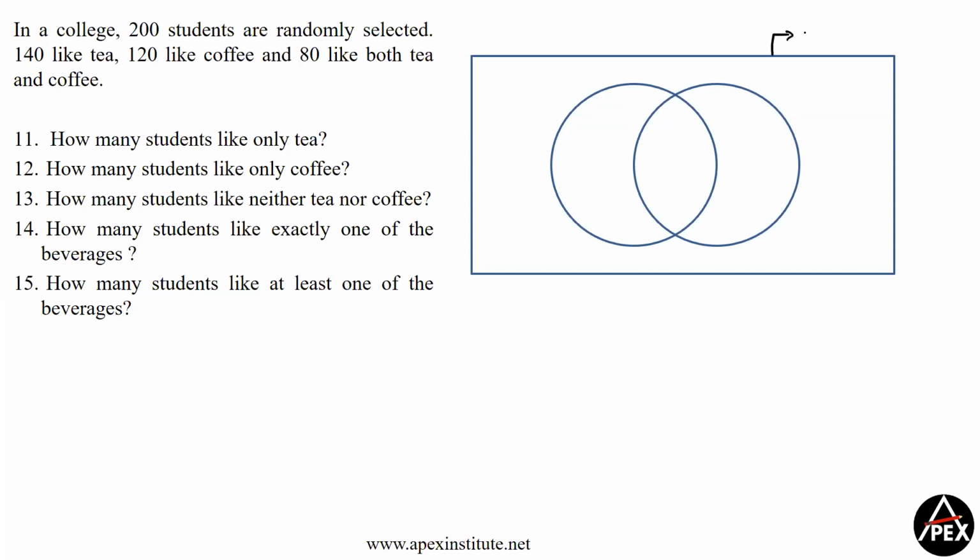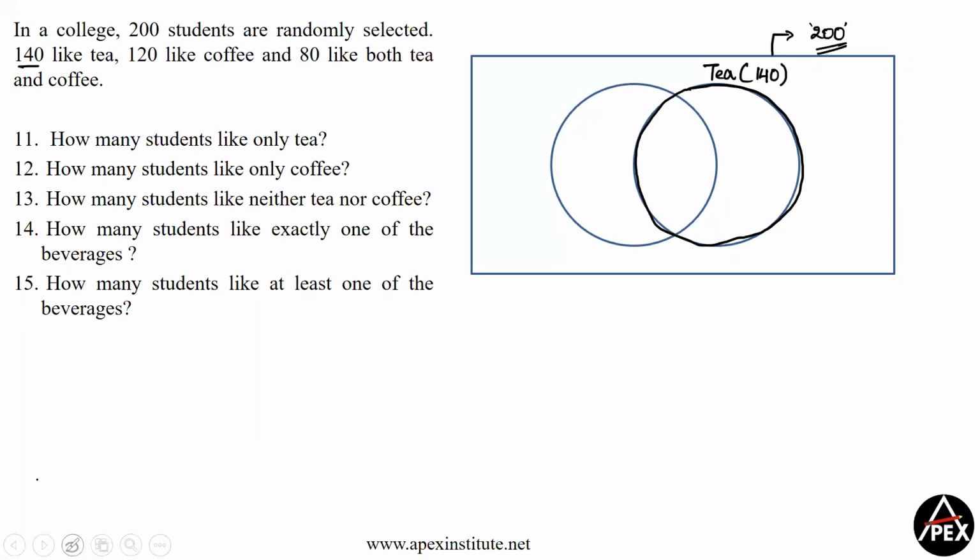Now, in a college, 200 students are randomly selected. So this represents the college which has 200 students, isn't it? Now, out of those 200, 140 like tea. Let me consider this circle represents the people who like tea, and the total is 140.